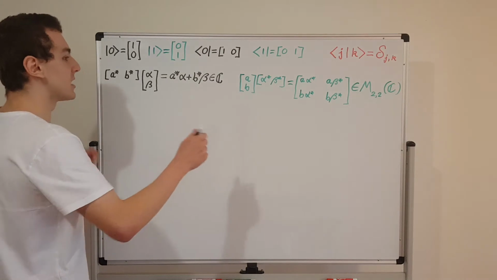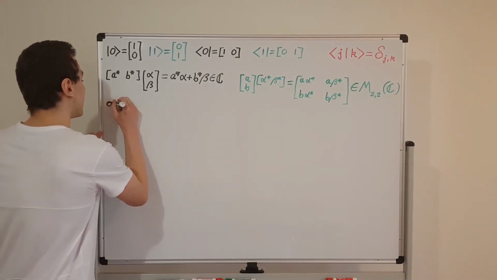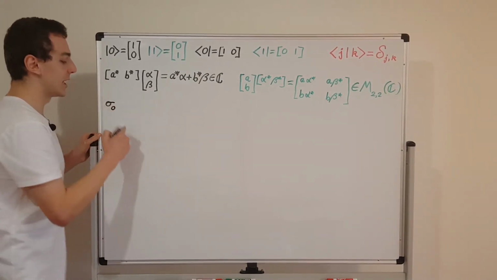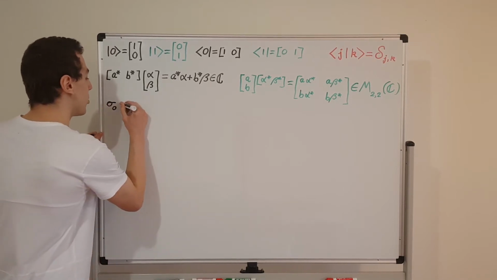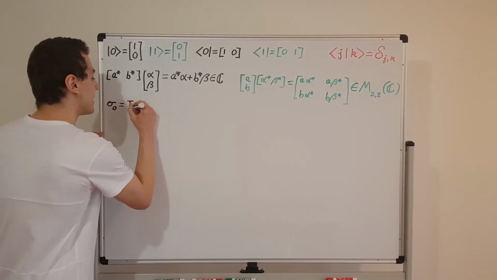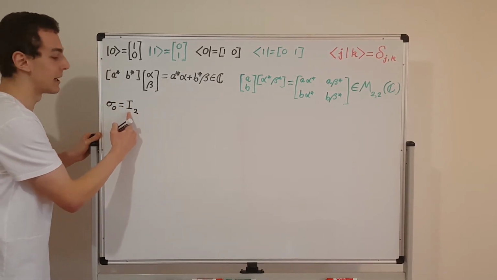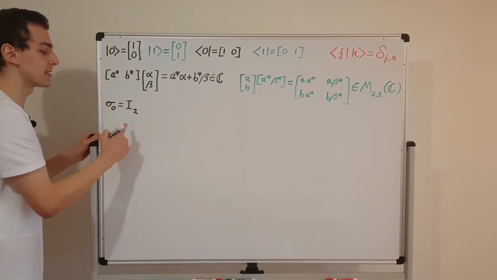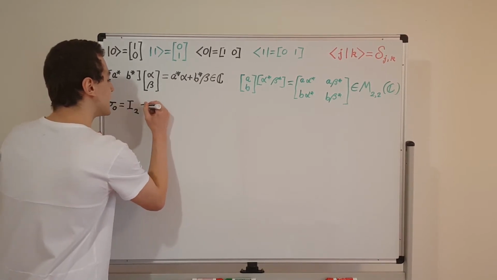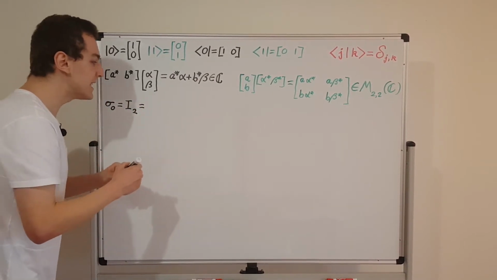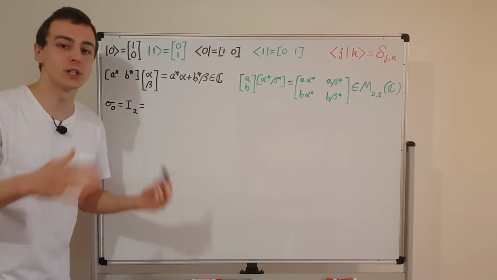So I'm going to use the notation sigma sub 0. Now, sigma sub 0 is equivalent to I with a subscript 2. So this is the 2 by 2 identity matrix. How am I going to write this? Well, I'm going to write this in the same way that we would write the completeness relation when we're talking about Hilbert spaces.